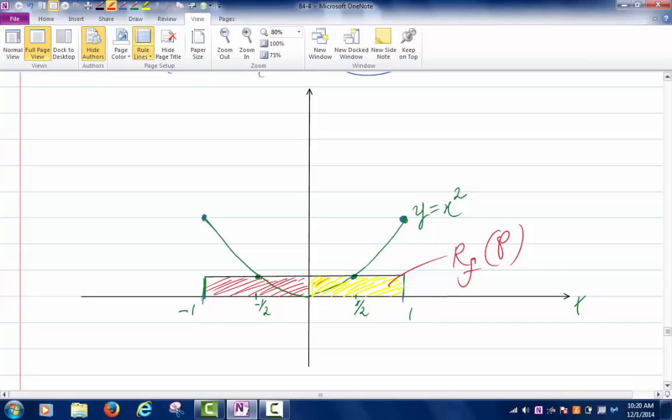So in some sense, this is an approximation to the area below the graph of f over the interval from negative 1 to 1. This Riemann sum is an approximation of the area below the graph of the function over the interval from negative 1 to 1. Am I making sense?